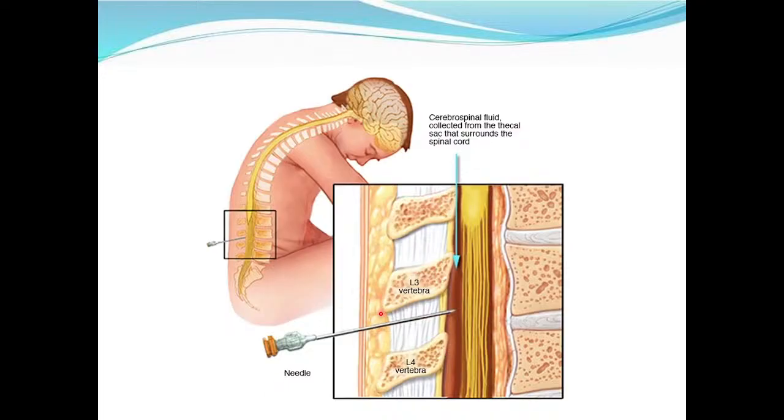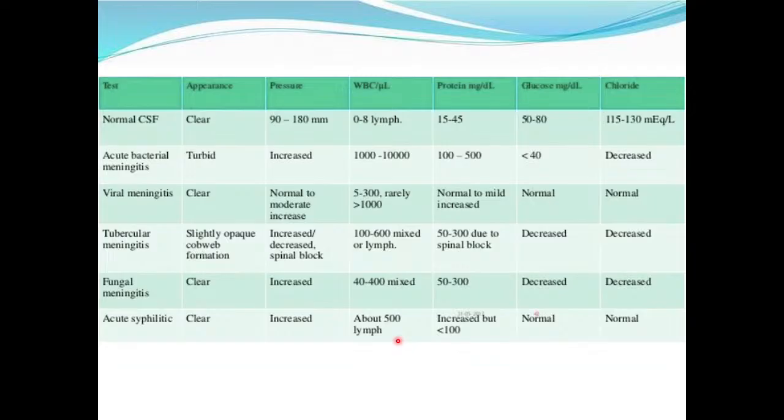The level is decided because the cord ends at the level of L1 or L2, so we have to go below the length of the spinal cord. These are the radicles from the spinal cord. It can be done in the sitting or lateral position. These are the normal findings or the pathological findings in certain diseases or conditions.